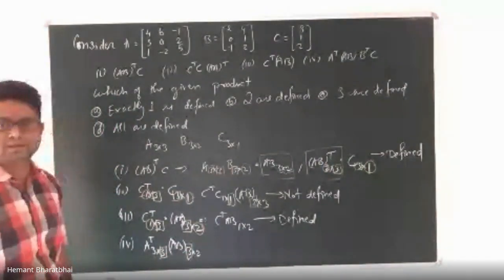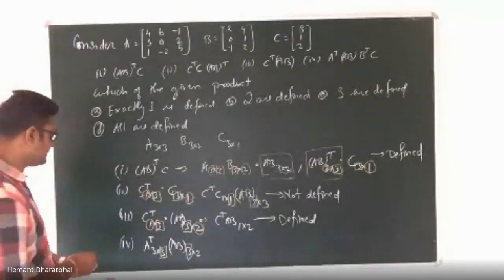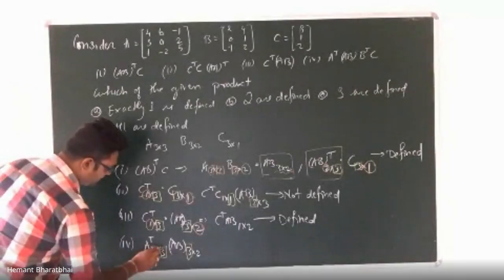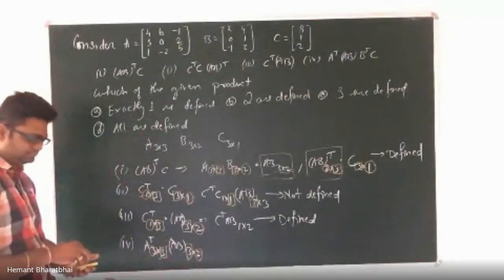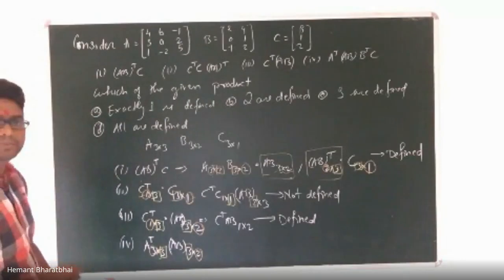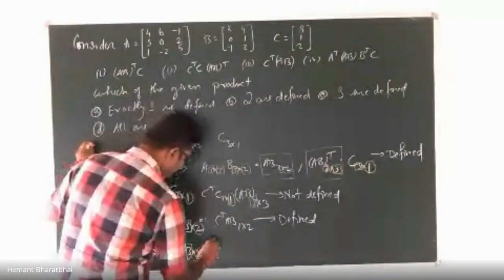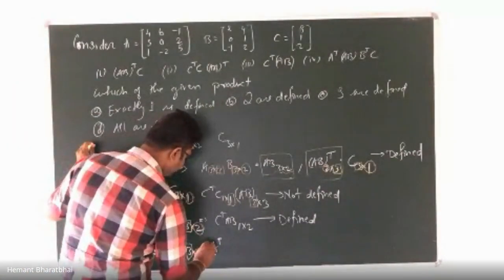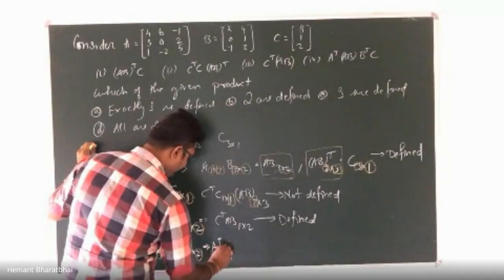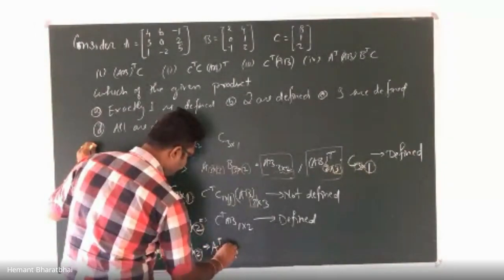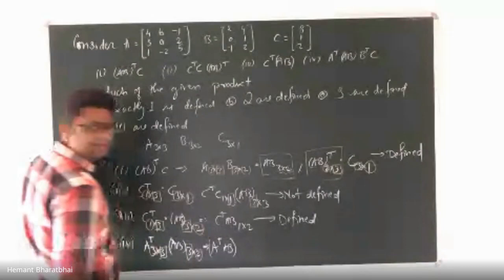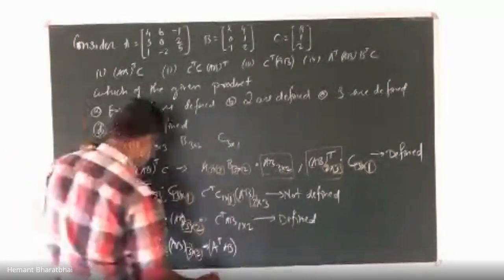Here also 3 and here also 3. And the resulting matrix will have an order of 3 by 2. So the given matrix, A transpose into AB, this will have an order of 3 by 2.